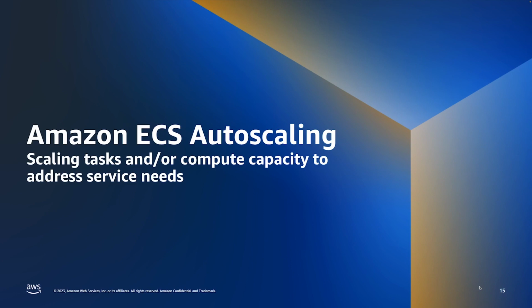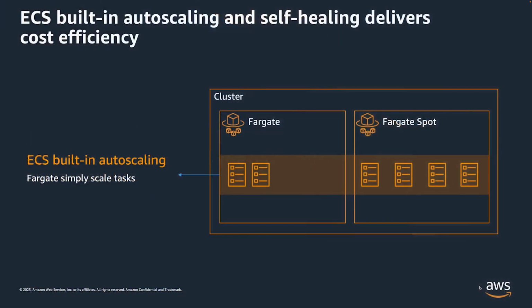Now let's have a look at Amazon autoscaling and how you can take what you've learned in the Compute Optimizer and use it in autoscaling. As you can see here, ECS built-in autoscaling and self-healing delivers cost efficiency.